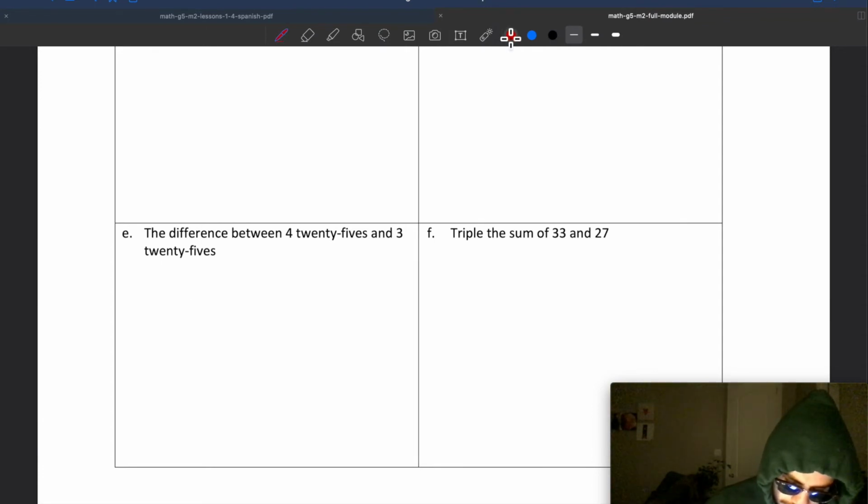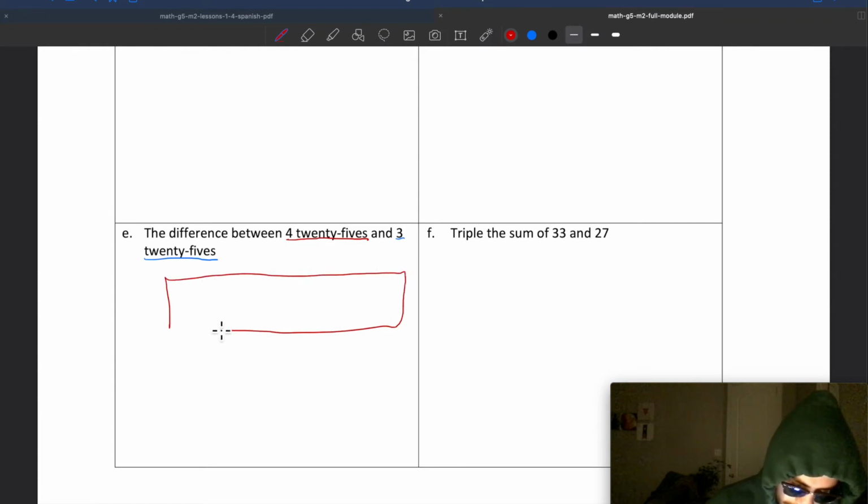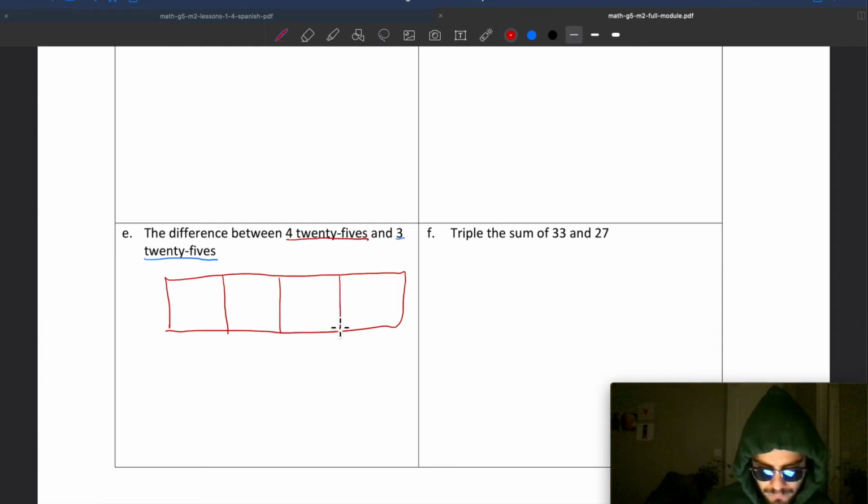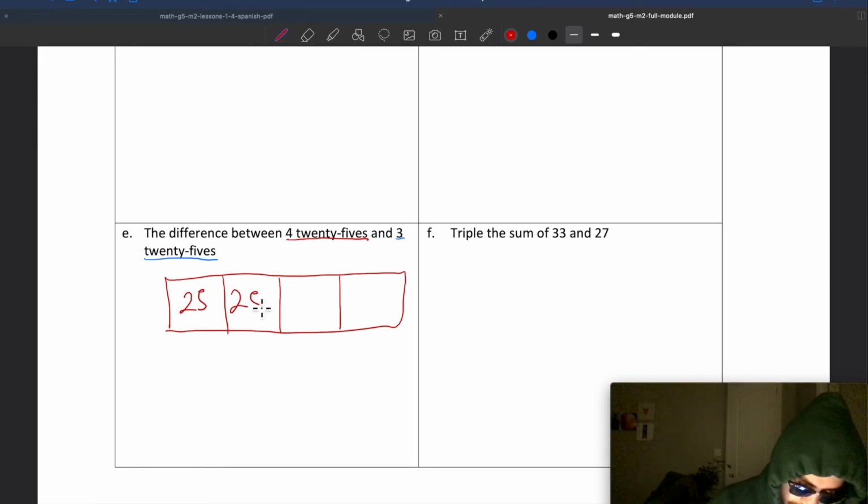Okay, for this one, I'm going to use two colors. So I have 4 25s, and then I'm going to have 3 25s. So here's my tape diagram, and I'm going to make this represent 4 25s. 25, 25, 25, and 25.